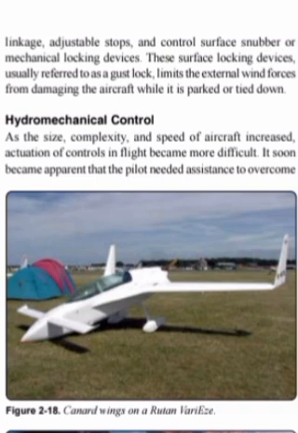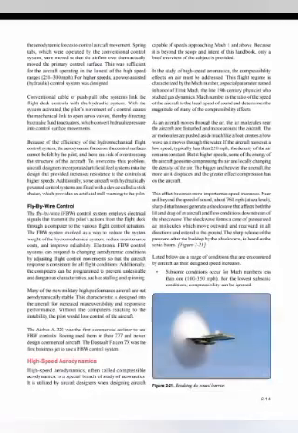Hydromechanical control. As the size, complexity, and speed of the aircraft increase, actuation of controls in flight becomes more difficult. It soon became apparent that the pilot needed assistance to overcome the aerodynamic forces to control aircraft movement.